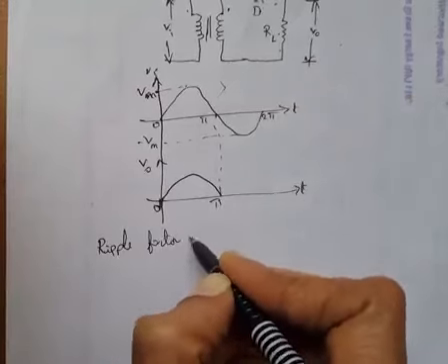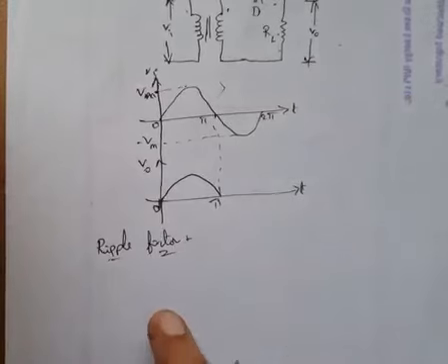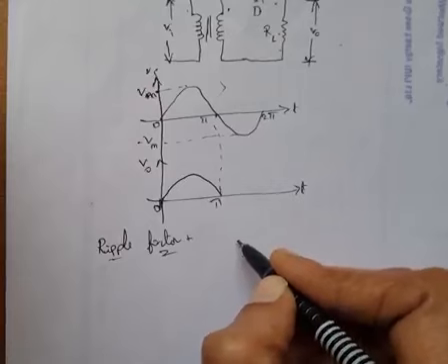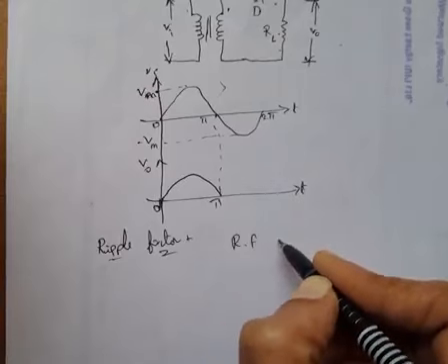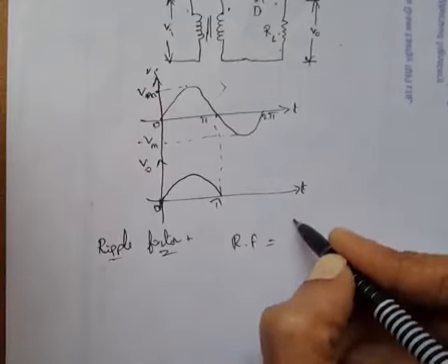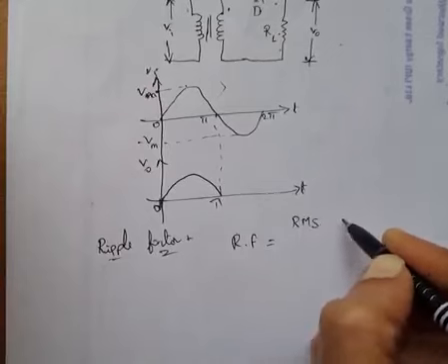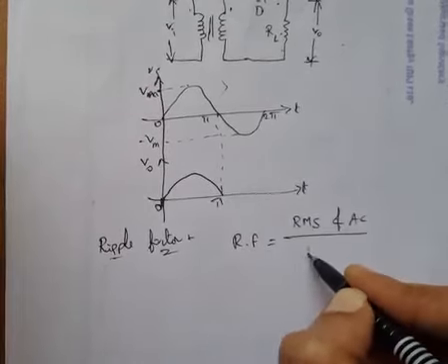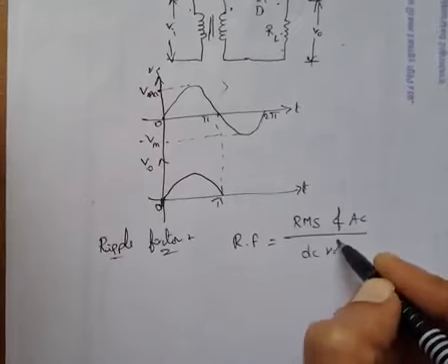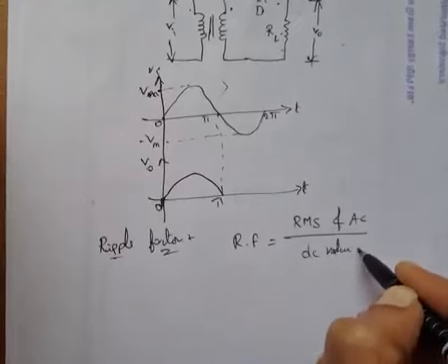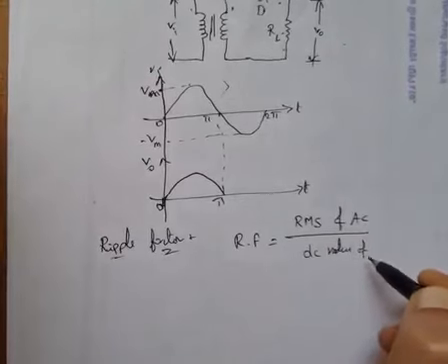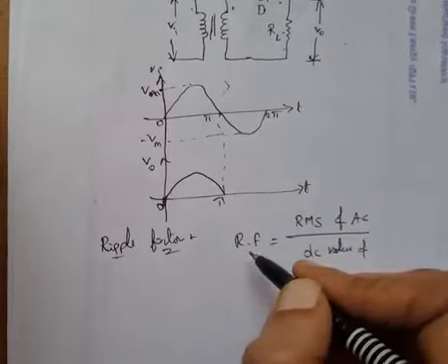What is the ripple factor of a half wave rectifier? Ripple factor is the ratio of the RMS value of the AC component and the DC component value.